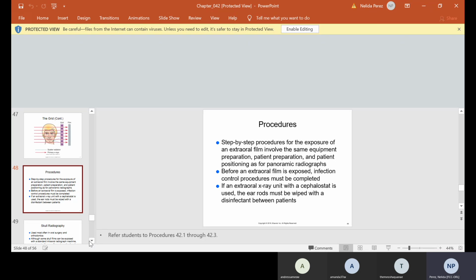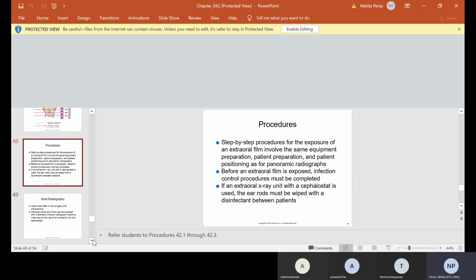That's another thing that some panels and definitely a lot of Cephs have, and they look like ear plug type of things. So that's to keep the patient's head from moving. If we use that, of course, after every patient, we must disinfect it.